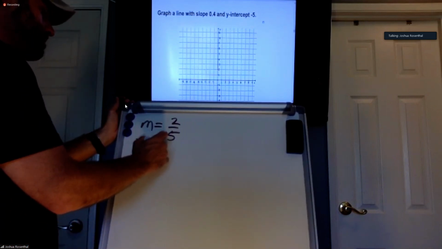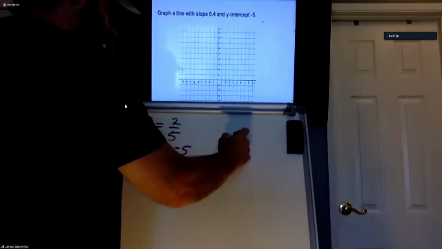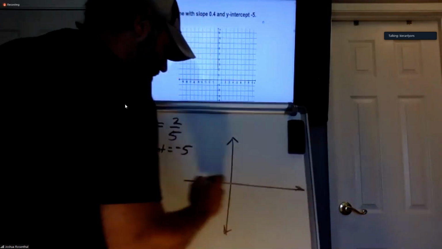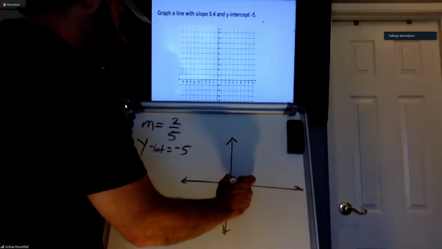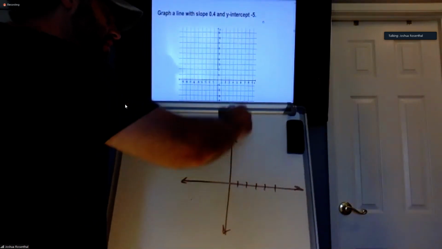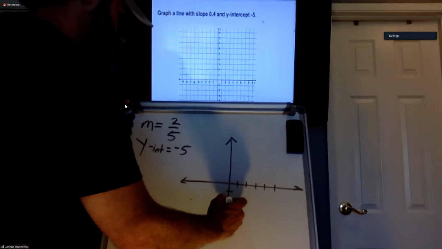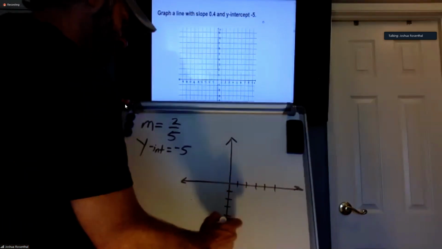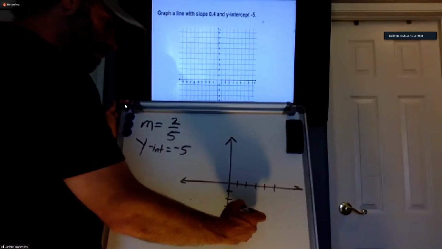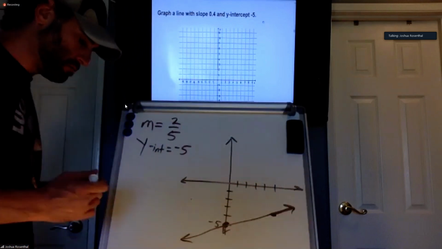Y-intercept negative 5. Could you have made the slope 4/10? Yeah. When you graph it, though, you're going to need to go up 4/10. I'd rather go up 2/5. Okay. There's negative 5. There's my y-intercept. And then I'm going to go up 2, and I'm going to go over 5. Done.